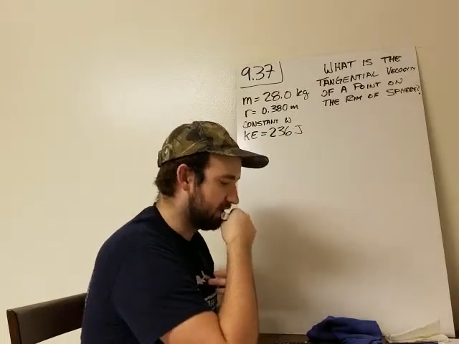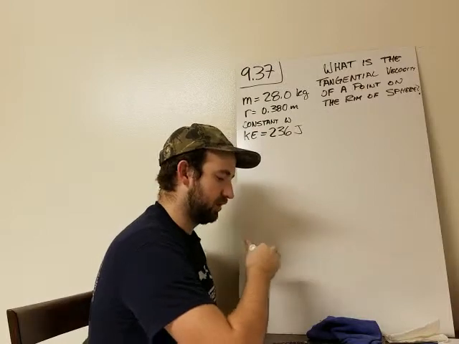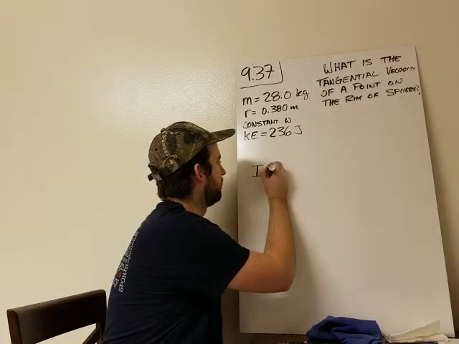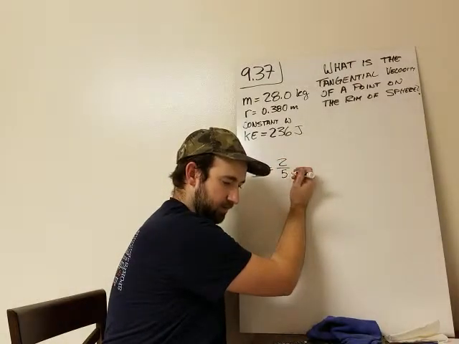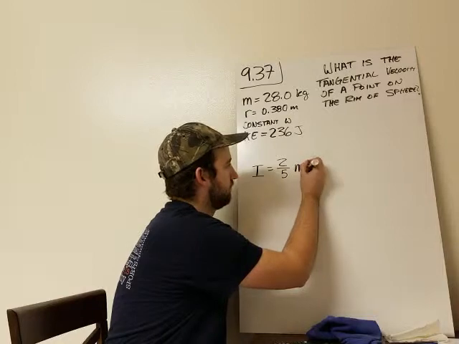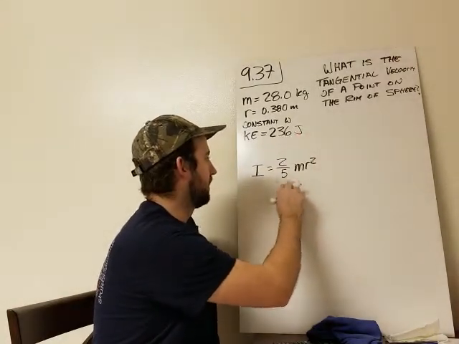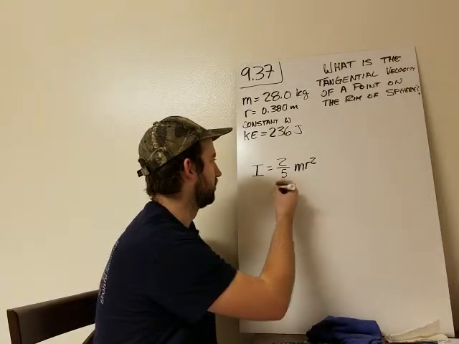Since it's a sphere, we know that that is going to be I equals 2/5 mr squared for the sphere. And then we know everything, so we could just plug it in.